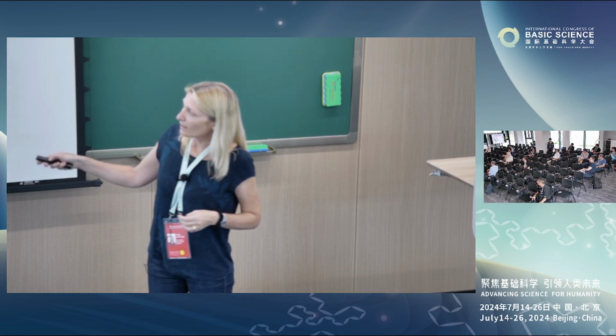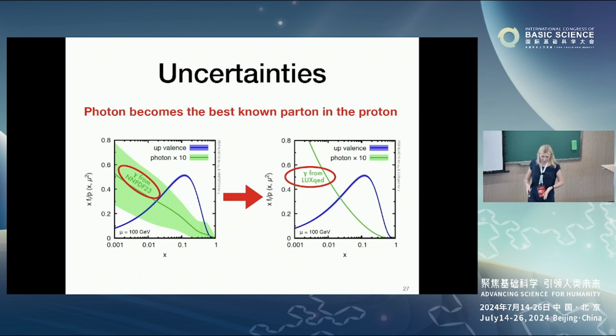So, okay, this rise of the photon at low x is driven by the rise of the quarks at low x also. So the gluon has this shape that rises, but also all quark distributions have the same, and the photon inherits this behavior.